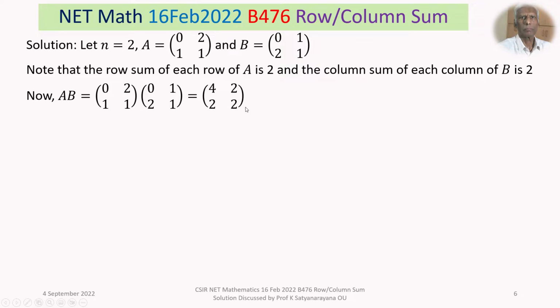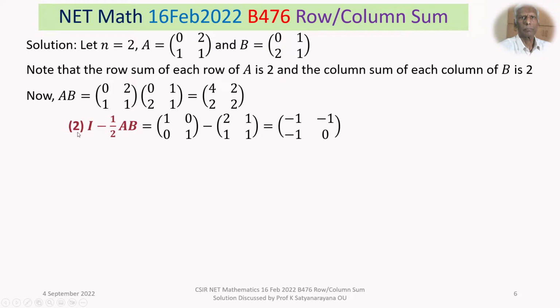So the multiplication is done, and now we go for option 2, I minus 1 by 2 times AB. I is 1 0 0 1, minus 1 by 2 times AB is 2 1 1 1. When subtracted, you will get minus 1, minus 1, minus 1, 0. And it is non-singular because its determinant is minus 1.